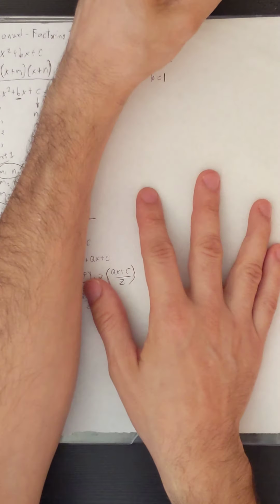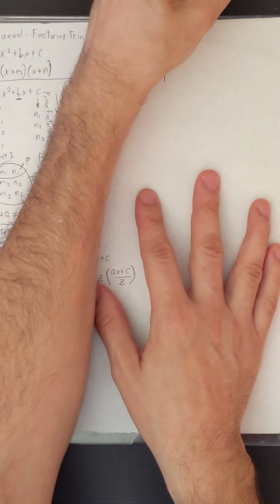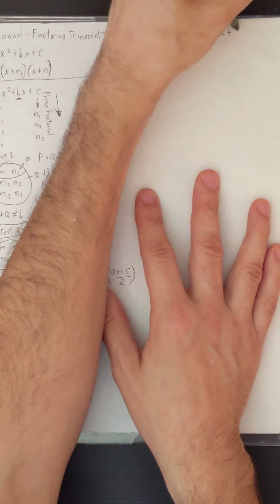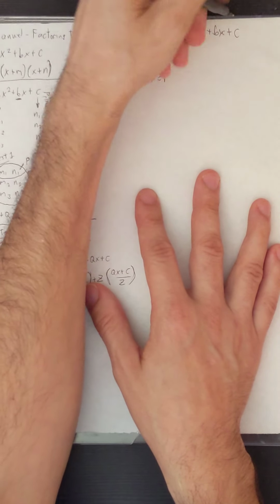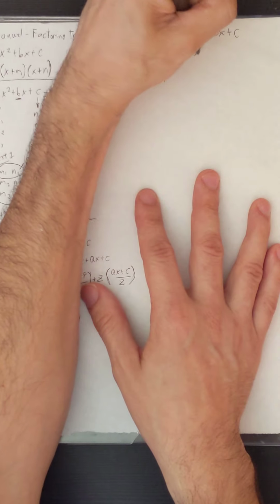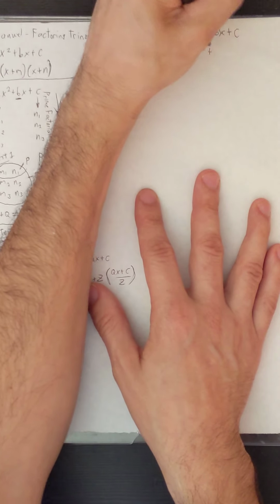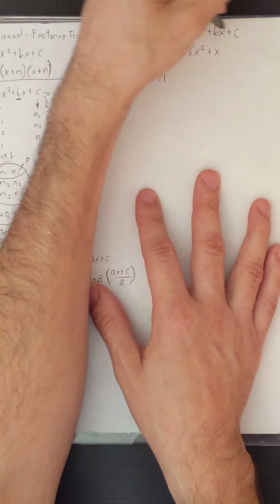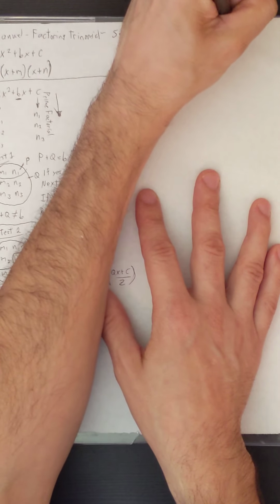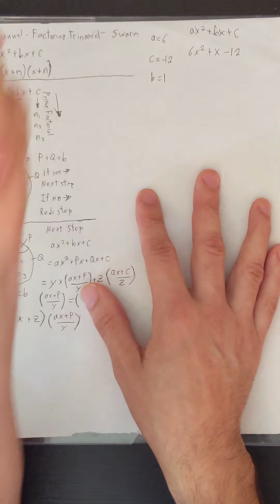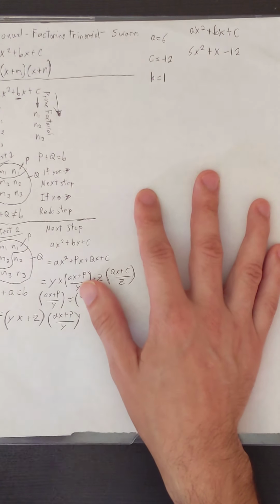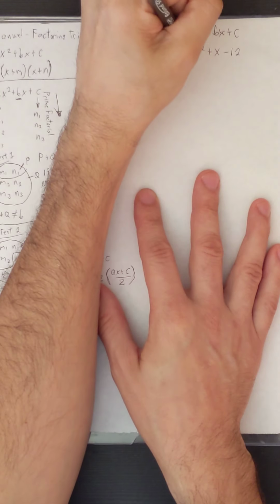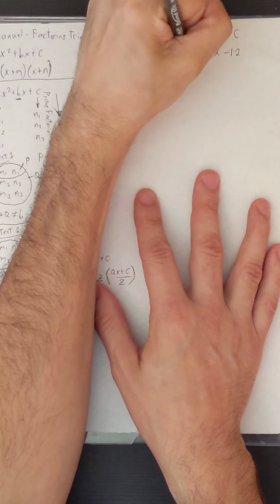I'm just going to rewrite it over here so it looks a little more clear: ax squared plus bx plus c. Plugging in these variables, that's 6x squared plus x, because we don't have to write the 1, and then minus 12, because we don't have to write the plus if it's plus -12. Okay, so the first thing we do is prime factorize a and c. So that's this one.